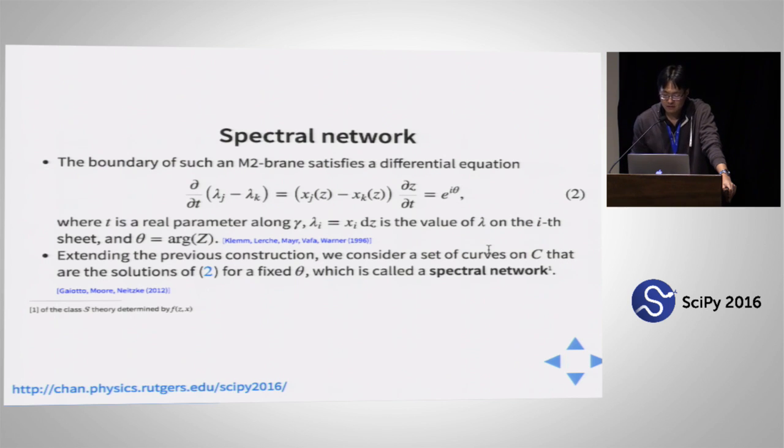So we can collect all the solutions, and we can look for a particular configuration that will correspond to a boundary of an M2 brane, which will give us a particle. So this kind of tool is called a spectral network because we can find particles and therefore a spectrum of the given theory.